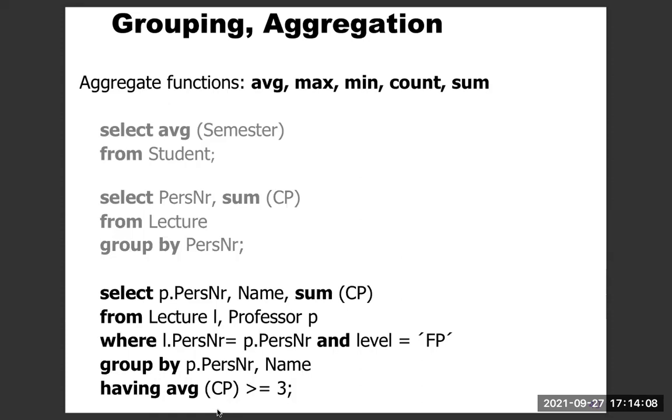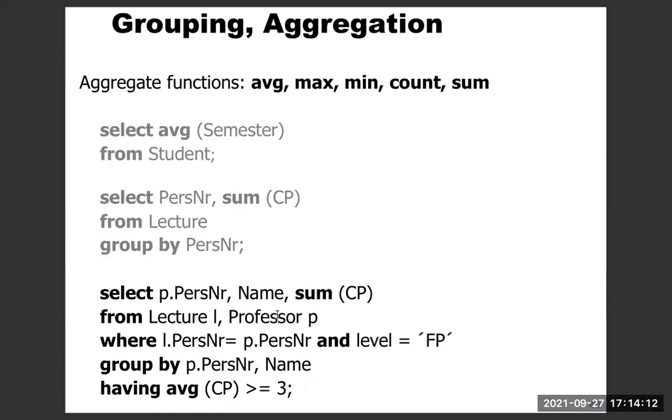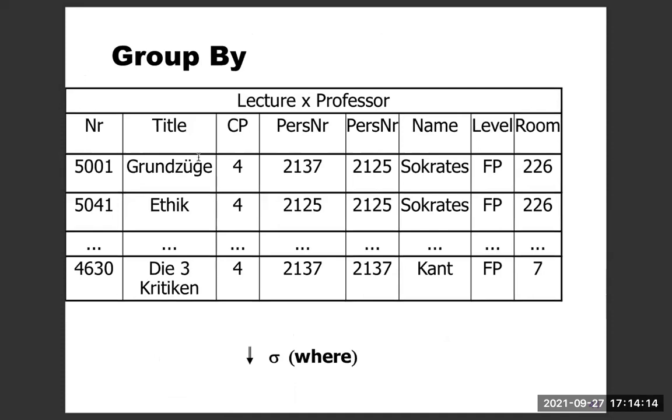Now let's look at data. Lecture from lecture and professor. That's a Cartesian product, all the combinations of lectures and professor. Here lecturer is this, and here we have just the professor number. So that's a Cartesian product, that's not a join. It's all the combinations.